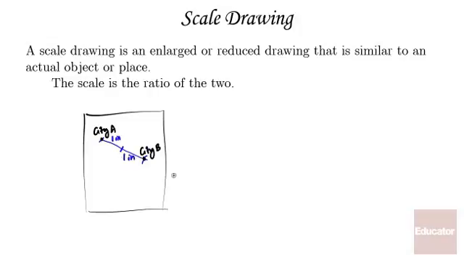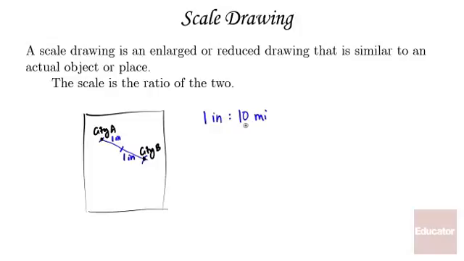If I say that 1 inch on the map represents 10 miles in real life, well then, the ratio, the scale, is going to be 1 inch on the map to 10 miles in real life. So it's going to be the ratio between the drawing and the actual place.